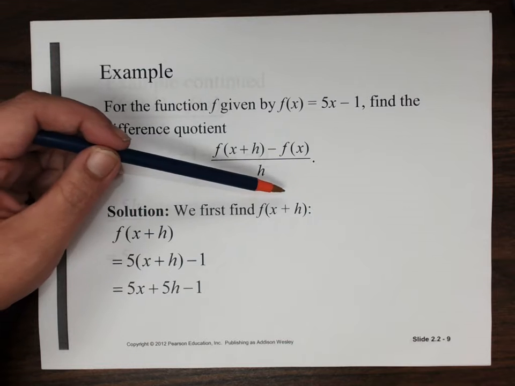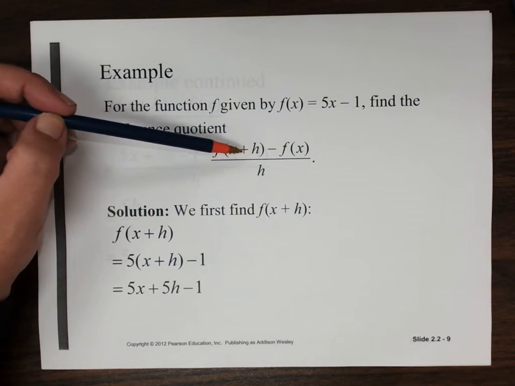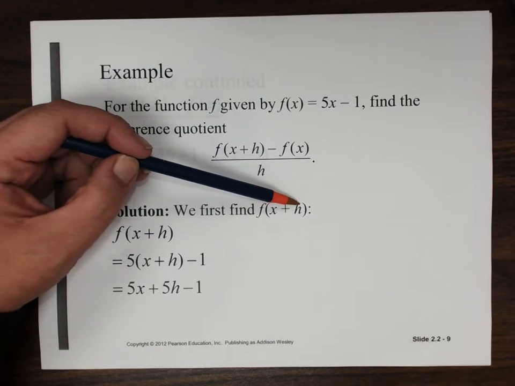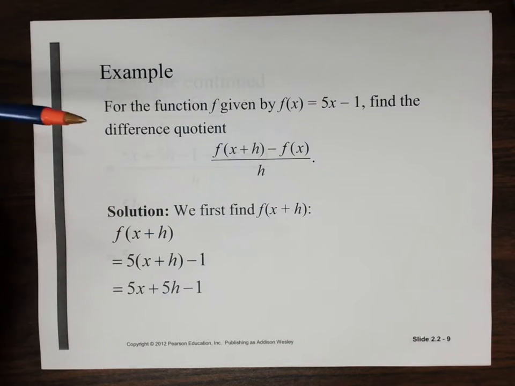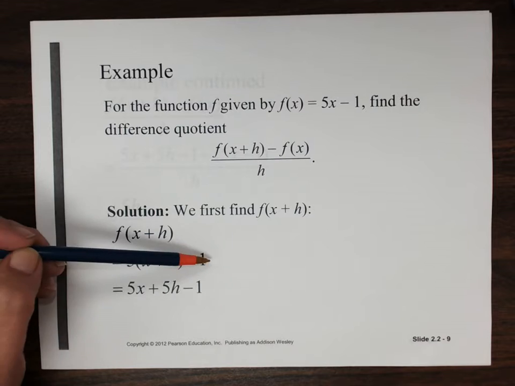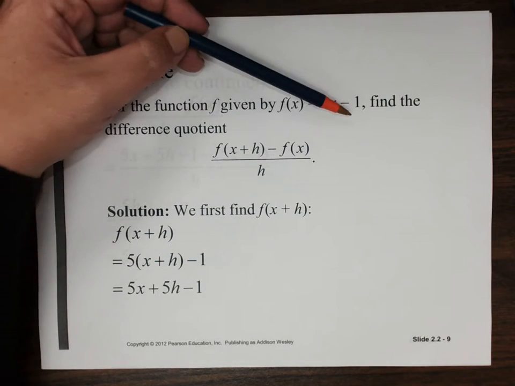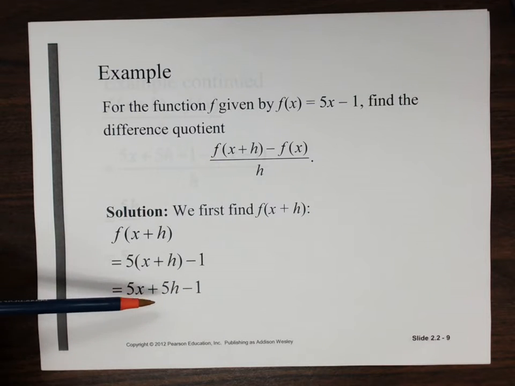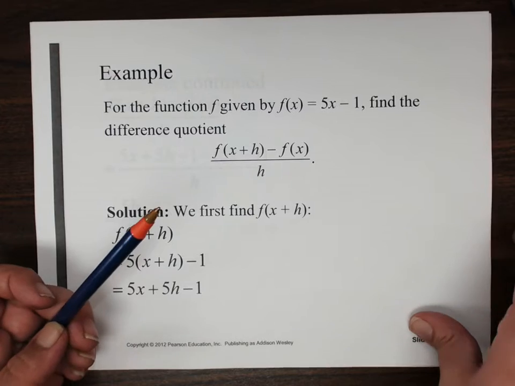So first we want to plug in, if you recall anything that's in the parentheses like this, it's asking me to actually plug in x plus h into my function I started with. So to calculate that value, here I've got 5, and I'm going to plug in x plus h, and we're still subtracting that minus 1, right, that came from our original function. So I've got this expression here, 5x plus 5h minus 1.